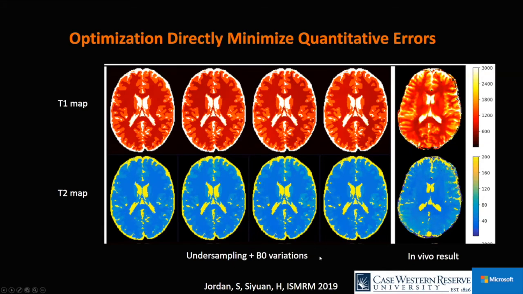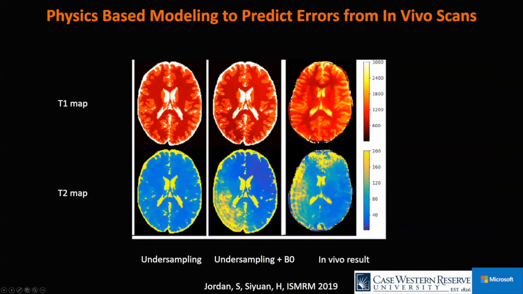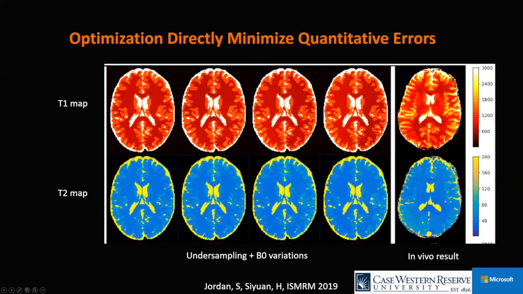Here, B0 variations were incorporated. These four maps were from totally different B0 directions and variations. We can see that the optimized sequence is able to get rid of those shading artifacts, as well as the aliasing artifacts.